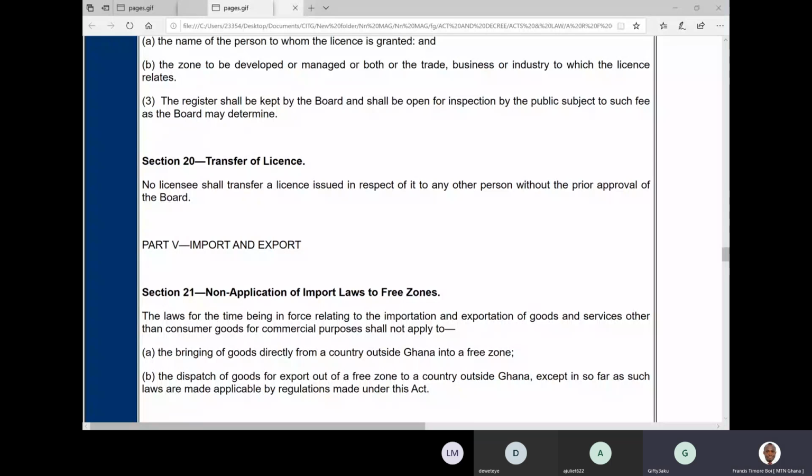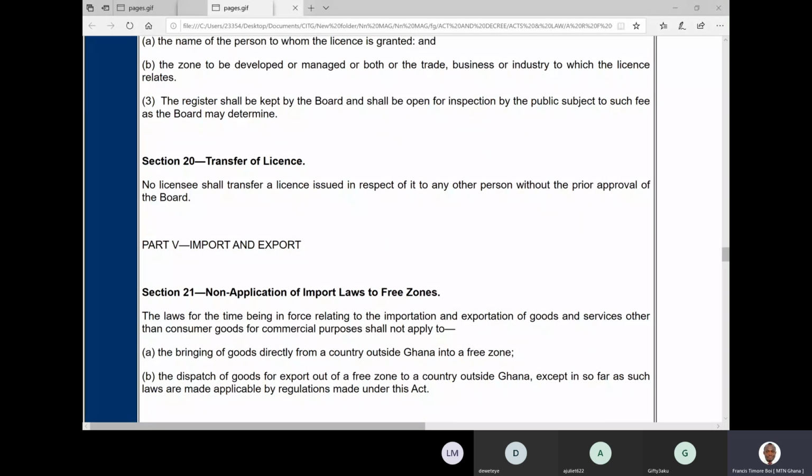But you know that if I start a business and I don't want it again, I can transfer the business, I can sell my business. If I sell to a new person, the law says that the new person will just continue with the unexpired period of the tax holiday. Is that not it? Yes.